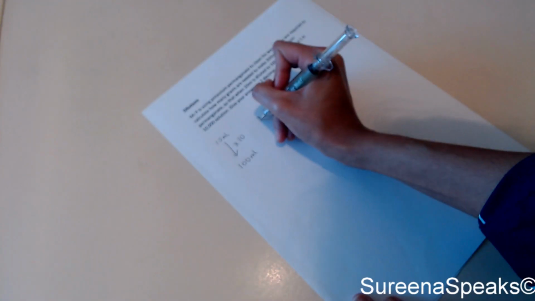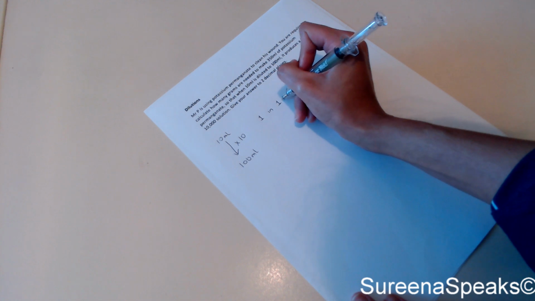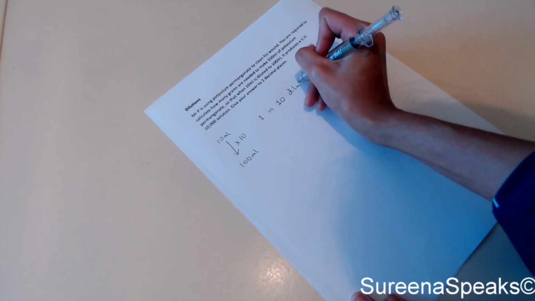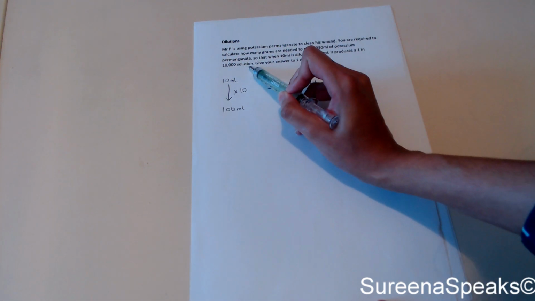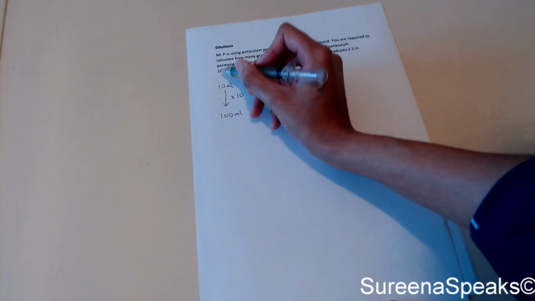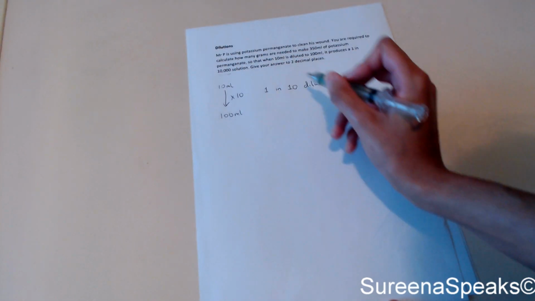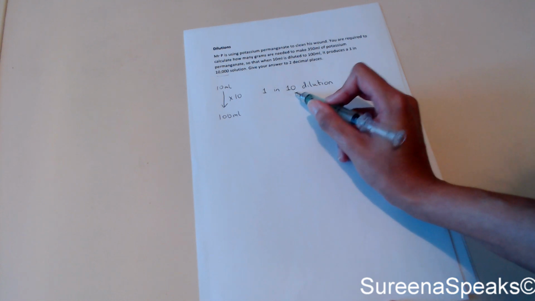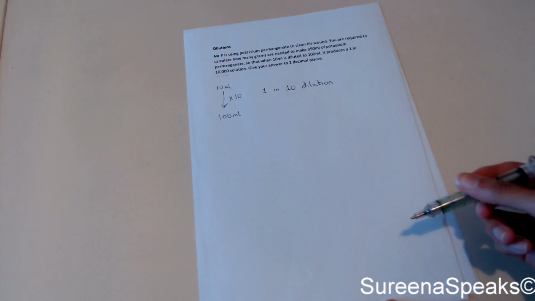So what that actually means is that it's a 1 in 10 dilution. So if a 1 in 10 dilution produces a 1 in 10,000 solution, what we need to then do is divide our 10,000 by our 10, and that will give us our initial concentration.